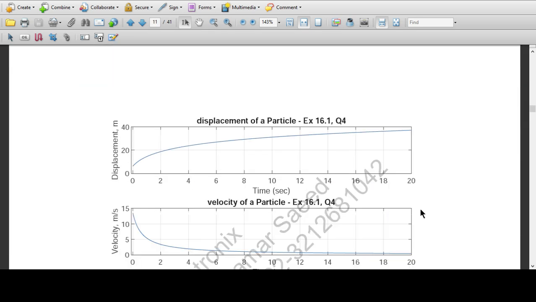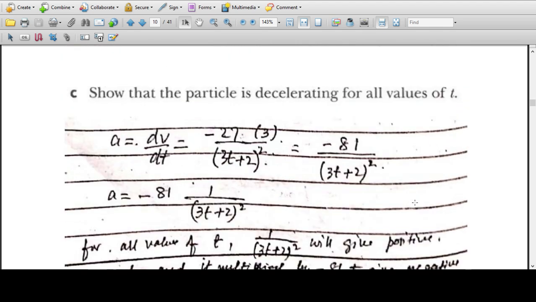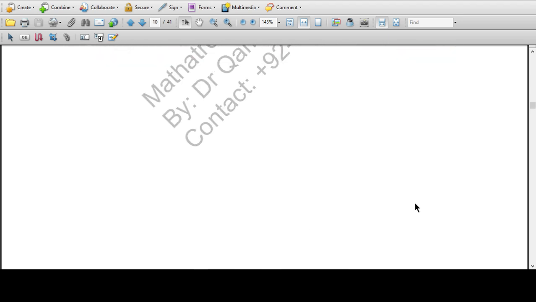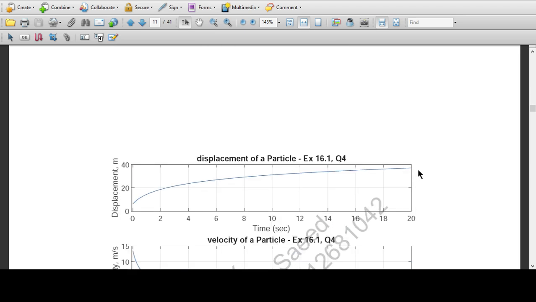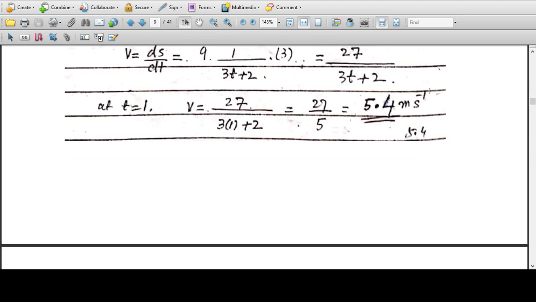And in part B, we have to obtain the velocity at t equal to 1. So the velocity at t equal to 1 is obtained as this: 5.4, close to 5, meters per second.